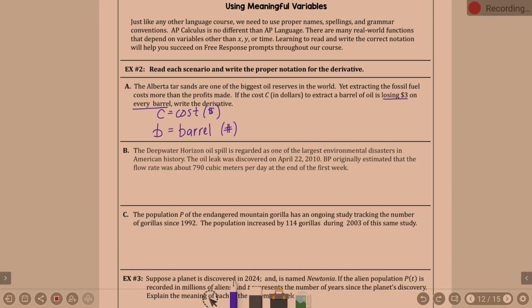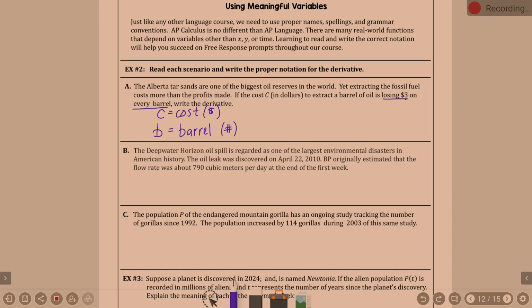So it means D of C over D of B, and then it would be C equals negative 3. No, we don't have a value that we're going to say C equals. But flip it upside down though, because it's the change of the cost per barrel.